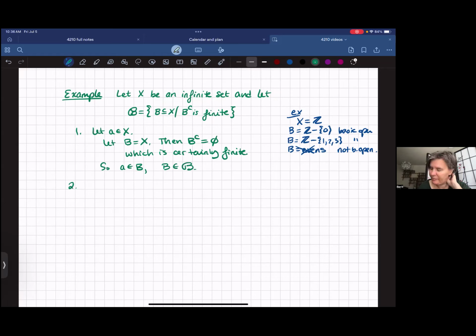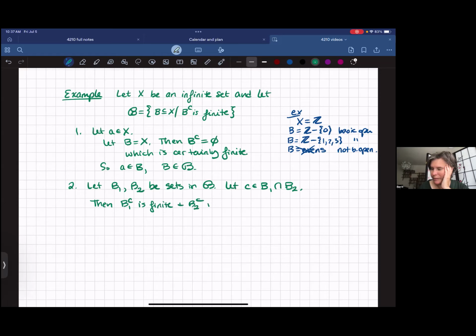Now the second part. Let B1 and B2 be sets in B. And let's let little c be an element of B1 intersect B2. Okay, so B1 complement is finite. By the definition, being in capital B means its complement is finite. So B1 complement is finite.